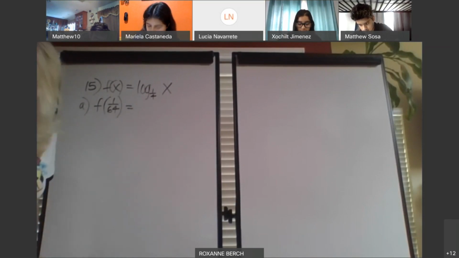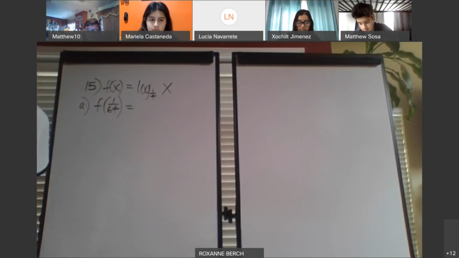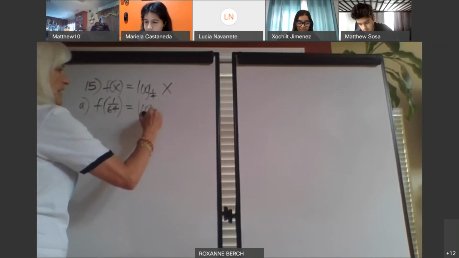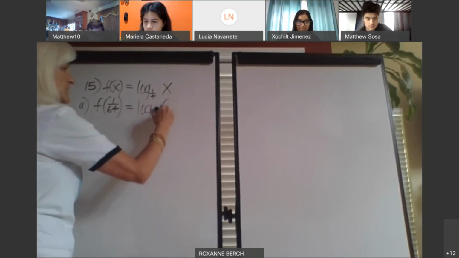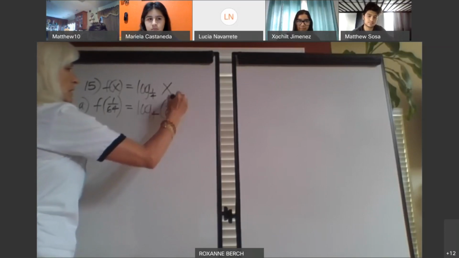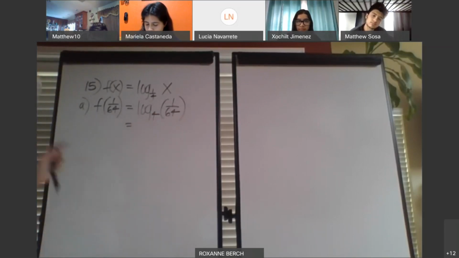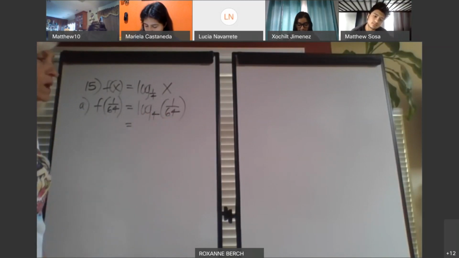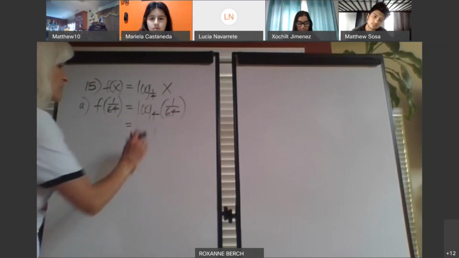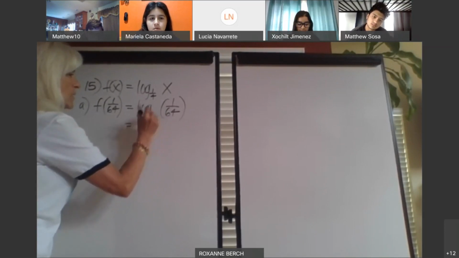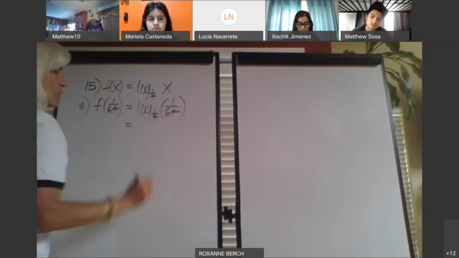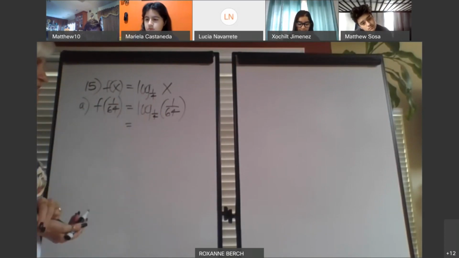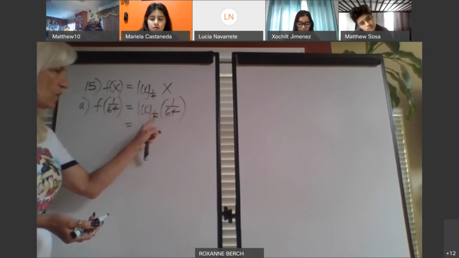Is everybody okay? I hope I've got the right problem written down. What you're going to do is wherever you see an x, you put 1/64. The way I taught this was to get this number to match the base. We want 1/64 to look like 1/4; we can't make 1/4 look like 1/64.